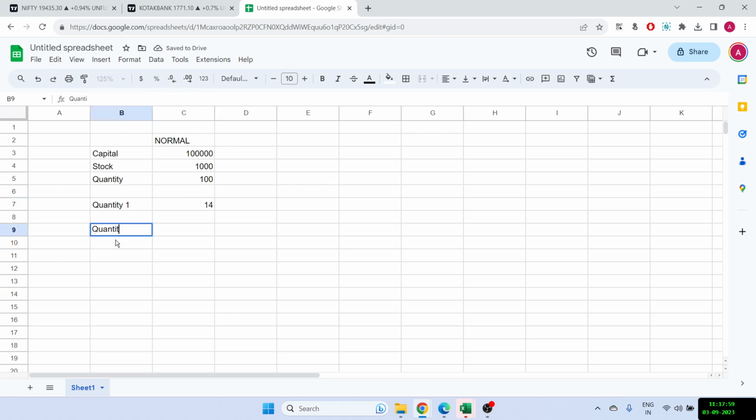The second trade that I will do is 14 multiplied by 2, and the third trade that I will do is 14 multiplied by 4. And you will notice, if you do it this way, after 3 trades, you're actually not overshooting the actual quantity. You are still going to the same quantity that you were trading.